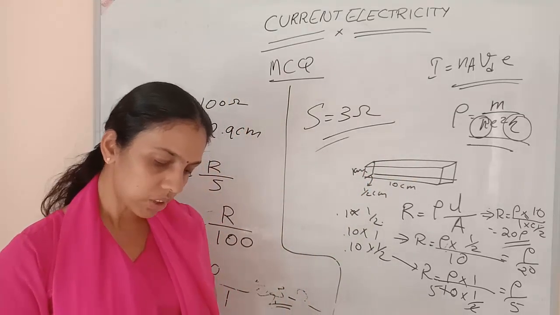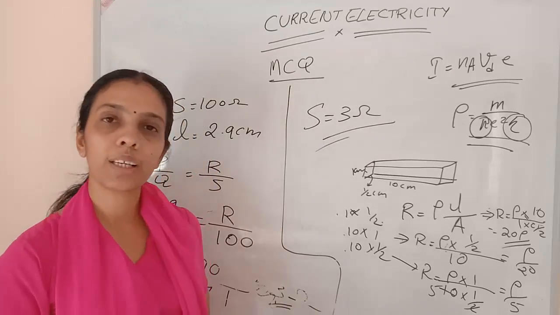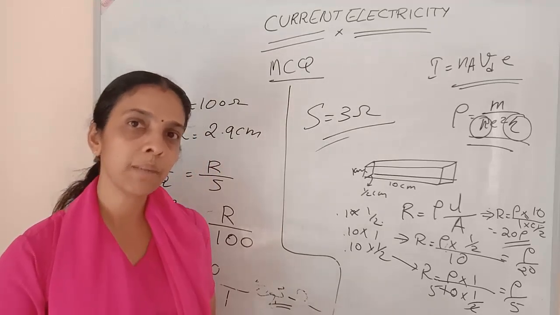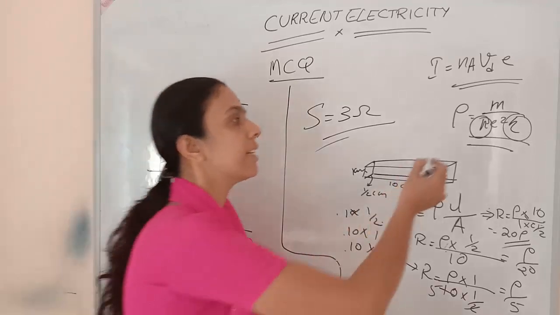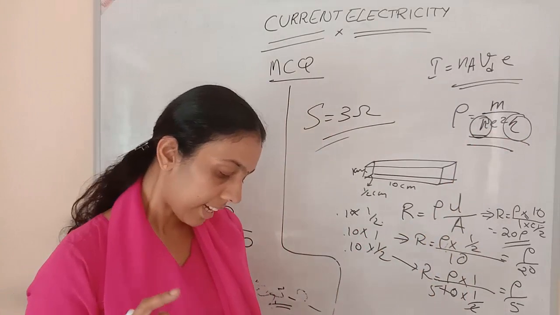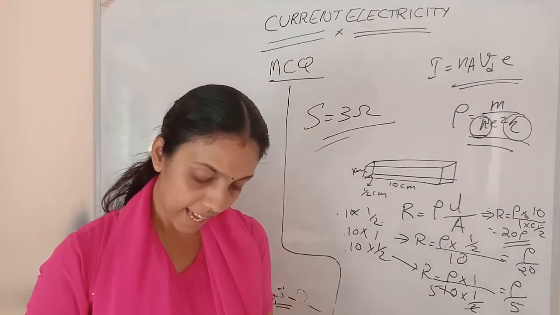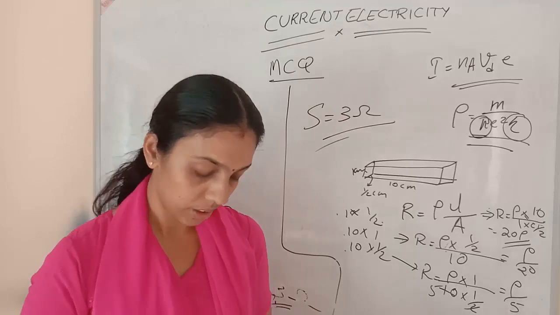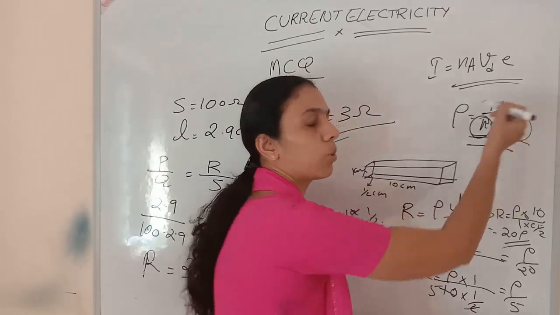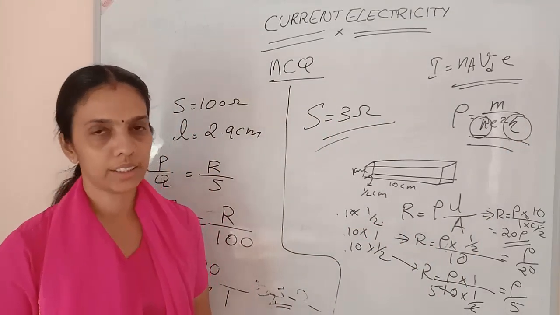The number of charge carriers can change with temperature T. Since resistivity is a function of n, as temperature changes, the number of charge carriers changes. Then the time interval between two successive collisions can depend on temperature. It depends on this tau, the relaxation time, also.